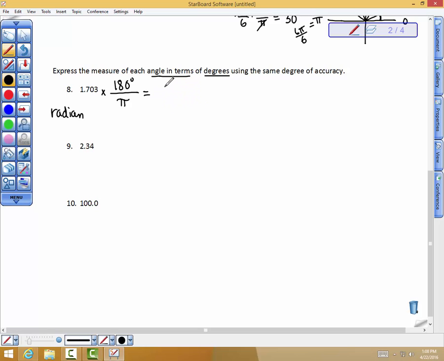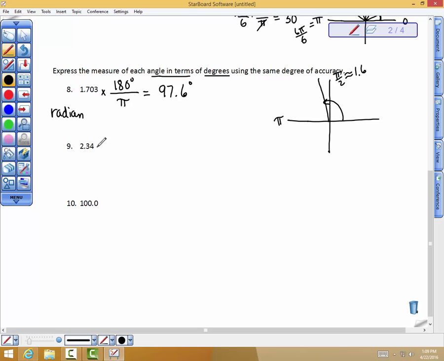I'm sorry, I wrote in my notes incorrectly. 97.6 degrees. Again, remember, this is about 3.14. This is about half of 3, so approximately 1.6 or so. And so 1.7 takes us right here to the 97 degrees.